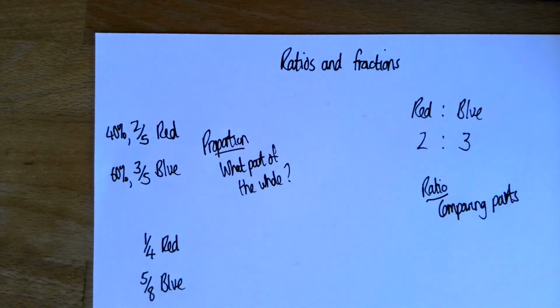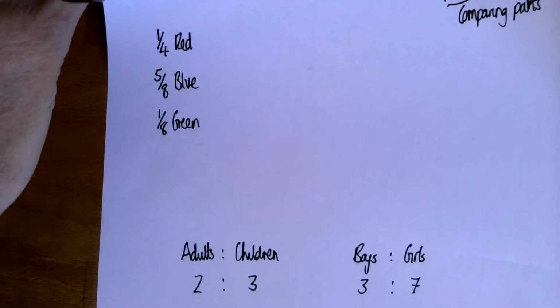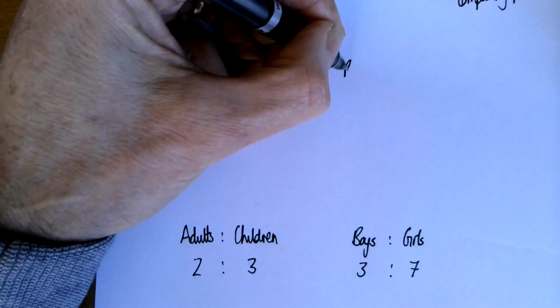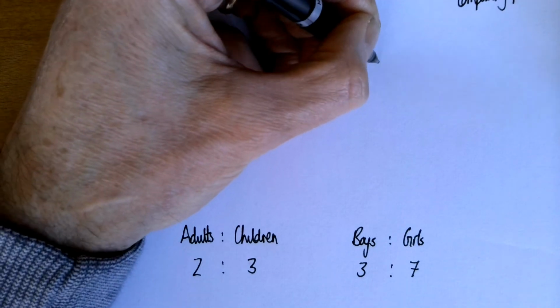So here we've got a paint made up of three colours. A quarter of that paint is red, 5/8 blue and 1/8 green. These are proportions, and the question says write that mixture as a ratio.